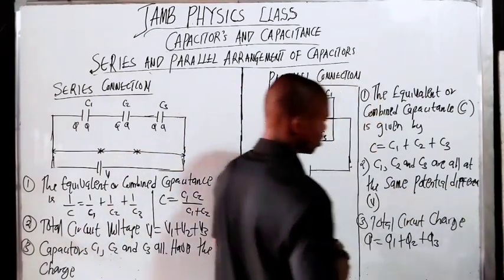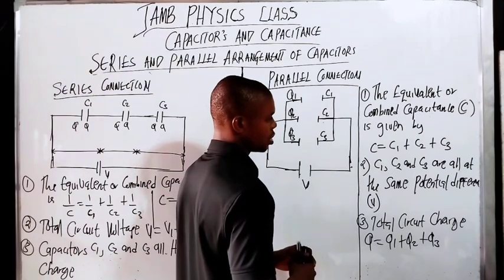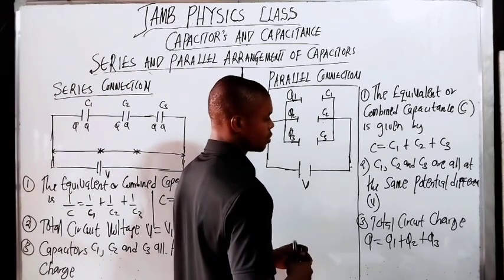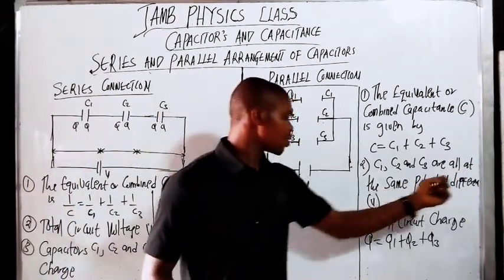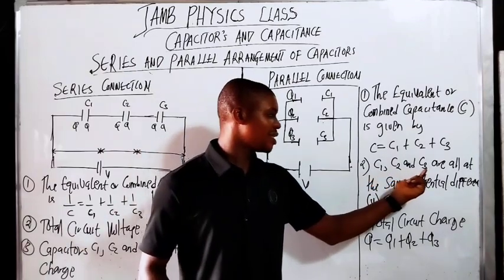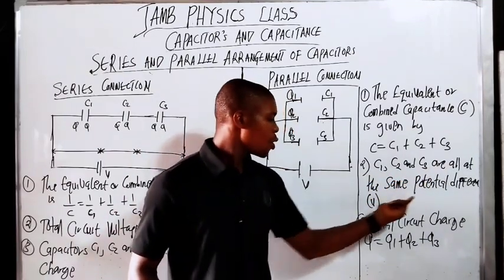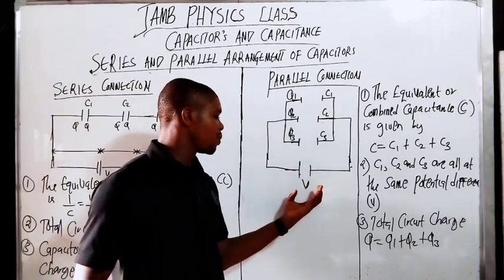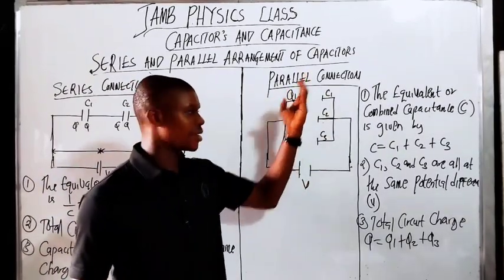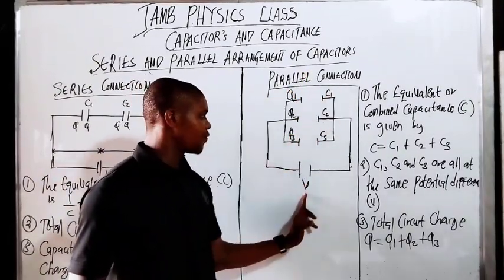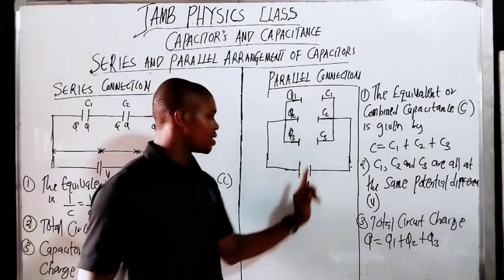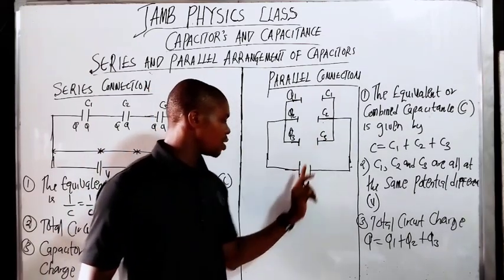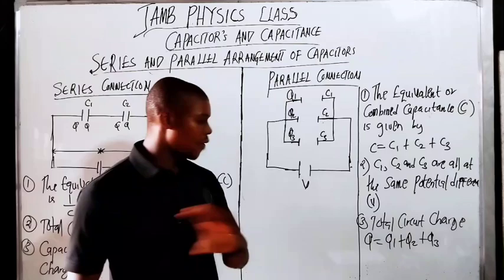C1, C2 and C3 all have the same potential difference. So the same potential difference, V, applies across each of them. Do you understand? For C1 the potential difference is V, for C2 it is V, and for C3 it is V. They all have the same.